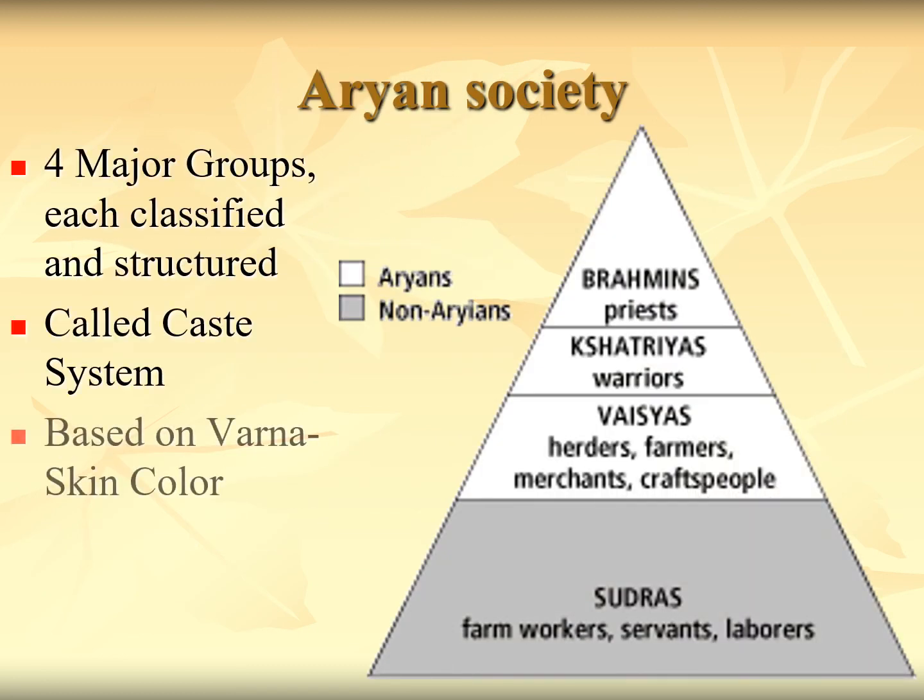So Aryan society was made up of 4 major groups. And it was a highly classified and structured society. We call a type of society like this the caste system. Think about it like this. If you break your arm and you get a cast on your arm to help heal the broken bone, you can't move your arm.